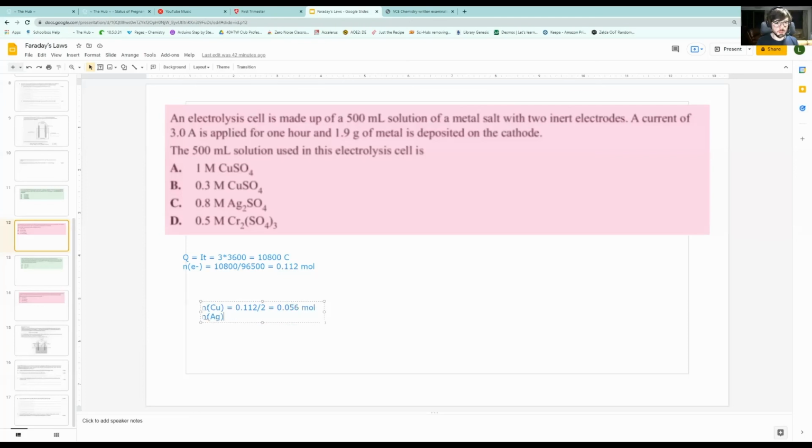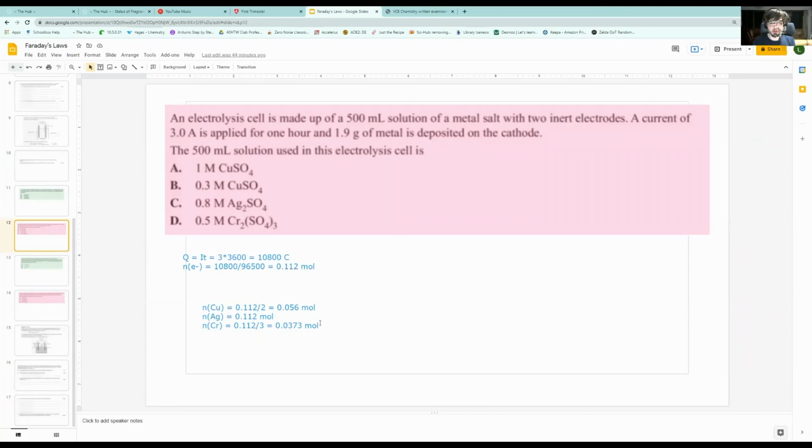If we're looking at silver, this is going to be the same amount, so it's going to be 0.112 mole. And if we're looking at chromium, it's 3 plus, so it's going to be 0.112 divided by 3, which is going to be 0.0373 mole.